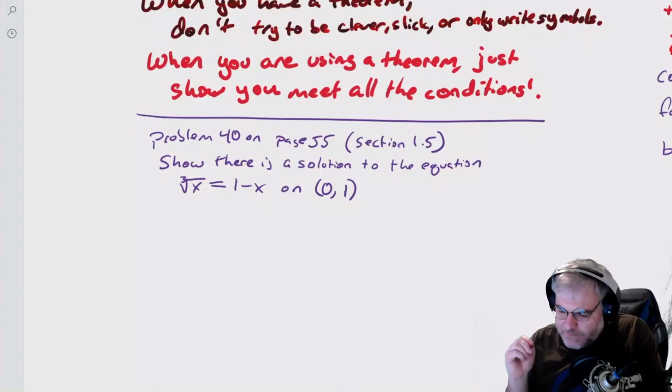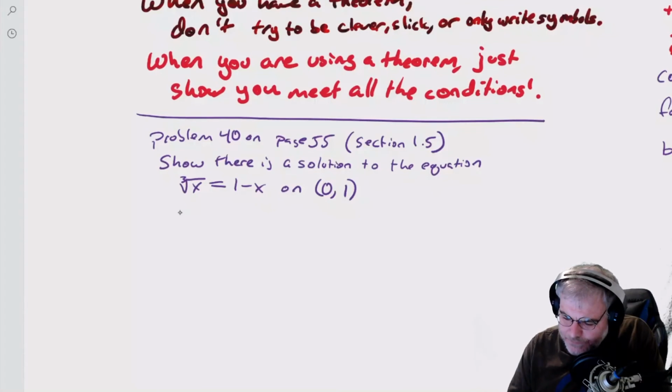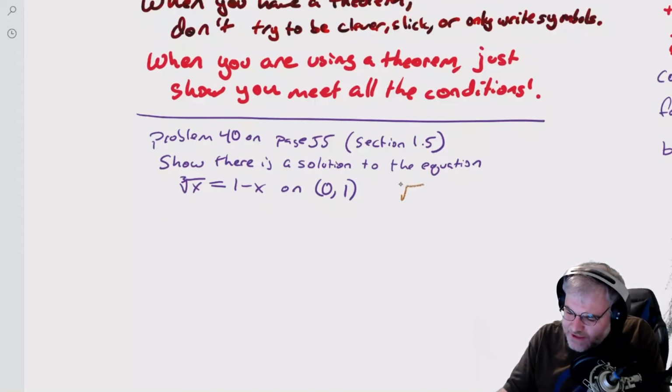I'm not the biggest fan of these, because I don't even have an f yet. But I'm going to call this f of x. So what I want to show is really the following: this equation is actually that the cube root of x minus 1 plus x equals 0.